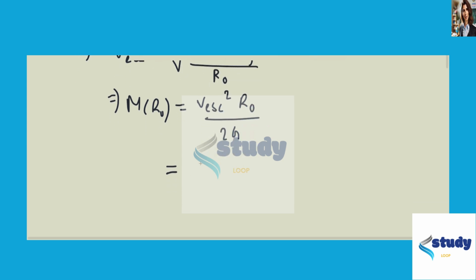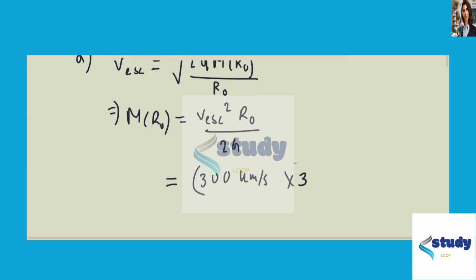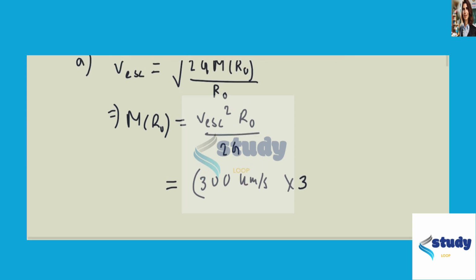And from page 908 of the book, the high velocity stars from Oort have a velocity of 300 kilometers per second, and we want to convert that, excuse me, to centimeters per second.